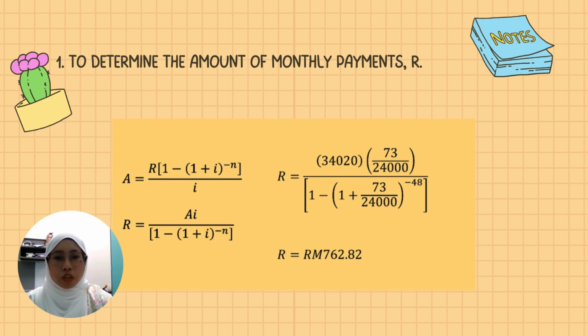R equals 34,020 ringgit times 73 per 24,000 divided by (1 minus (1 plus 73 per 24,000) to the power of negative 48). R is 762 ringgit and 20 cents.